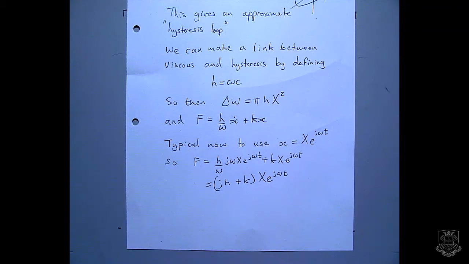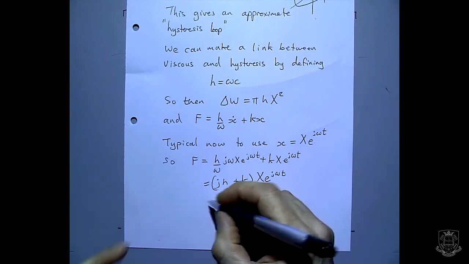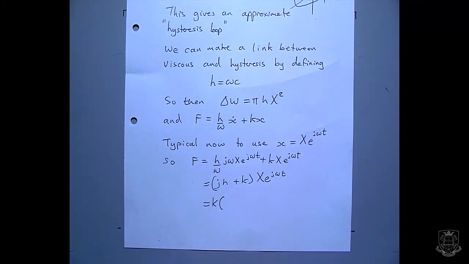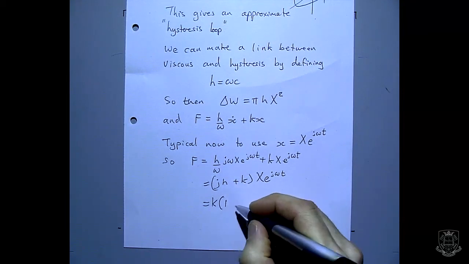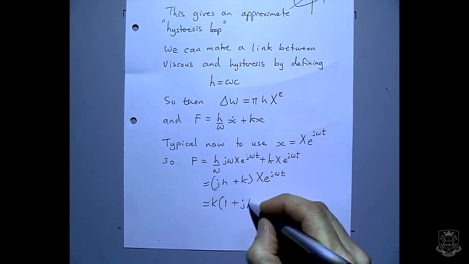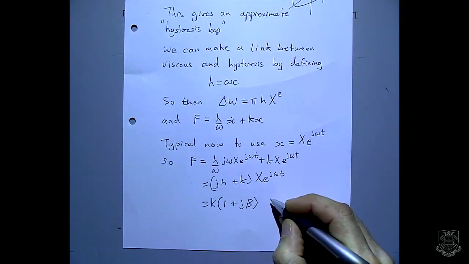and this is usually manipulated a little bit further. Okay, so these terms are normally swapped round, and we take a factor of k outside the bracket. So we have k outside, and we swap them round, so the first term would be 1, and the second term is now called j times beta, so we introduce a new parameter.